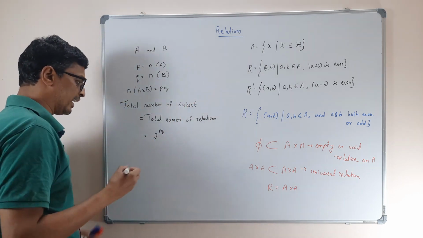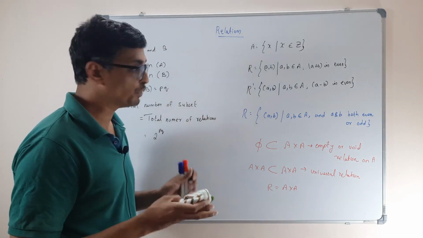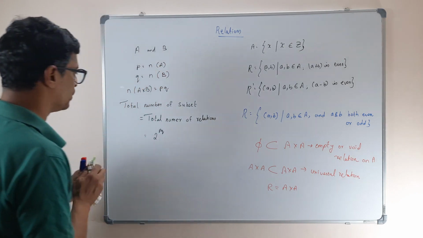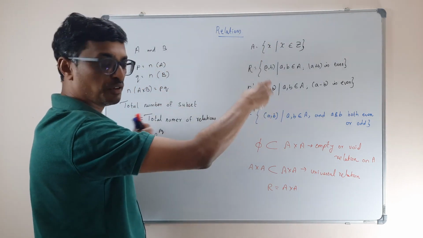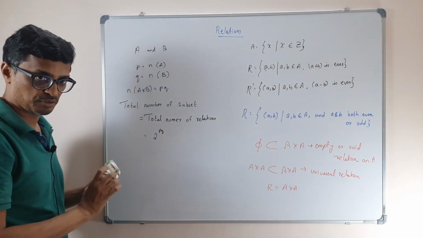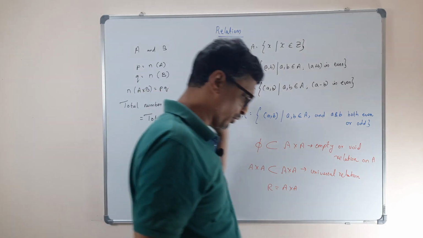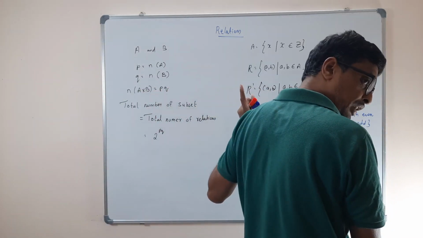You can take an example and check it out. Take two sets, {1, 2} and {3, 4}, and form all the sets. Whatever you do, it will always come as 2 to the power of 4. You can prove this, but I am not going into that now. In your book also they have not given any proof, they just wrote the number.